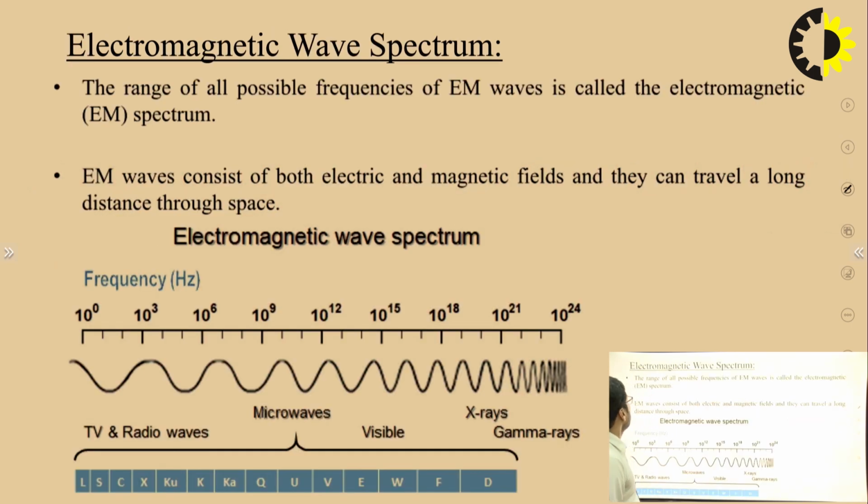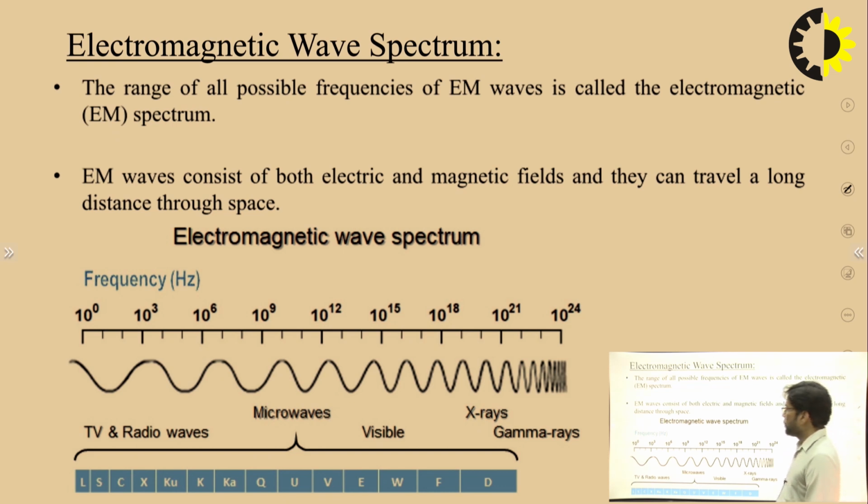Now the next slide is based on the electromagnetic wave spectrum. You can see this is the electromagnetic wave spectrum, and this is the frequency range. As we move over the scale, the frequency increases, and at this point the frequency gets very high.